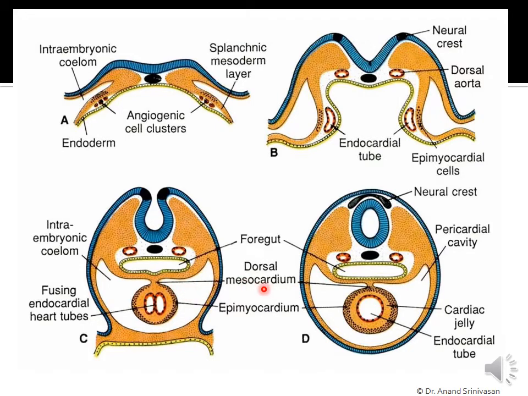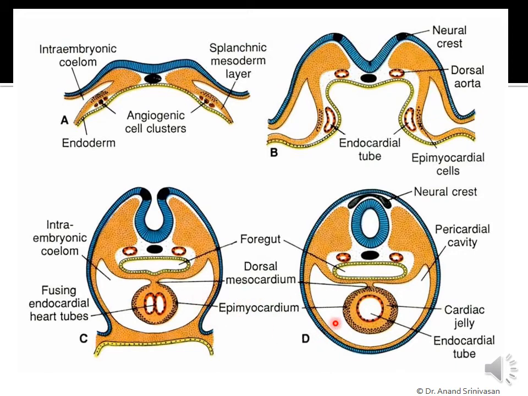Now this dorsal mesocardium later on degenerates and gets connected with the entire pericardial cavity, forming the transverse pericardial sinus. So this dorsal mesocardium later degenerates, forming the transverse pericardial sinus.